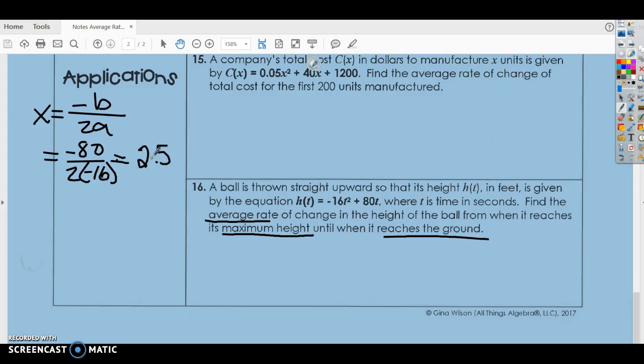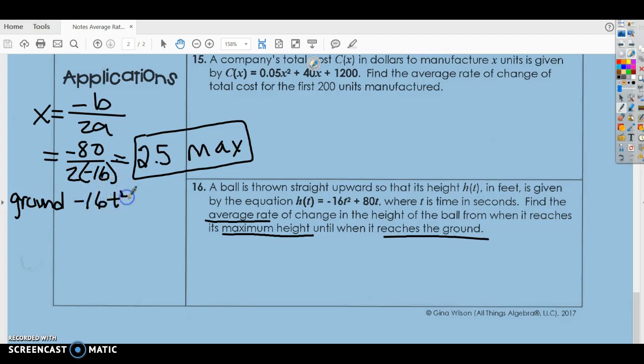Alright, so that's my x. That's the maximum height. Maximum height of the ball right here. Alright, then I want to see when it reaches the ground. So the ground is going to represent your zeros. So again, remember back to Math 2, negative 16t squared plus 80t equals 0.